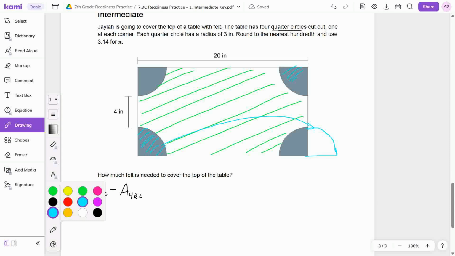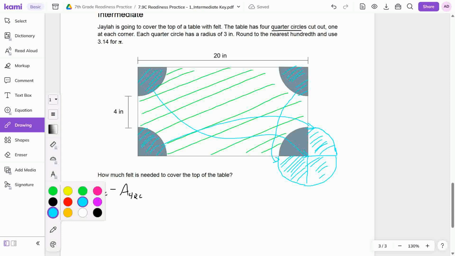If I were to take this quarter circle, move it down here, I would get that right there. And if I were to take this quarter circle and move it down to this open spot, guess what you have? You have an entire circle. 4 quarter circles makes one whole circle, just like 4 quarters make one whole dollar.